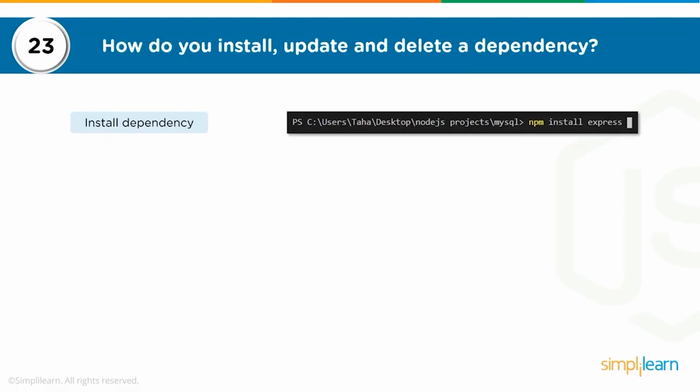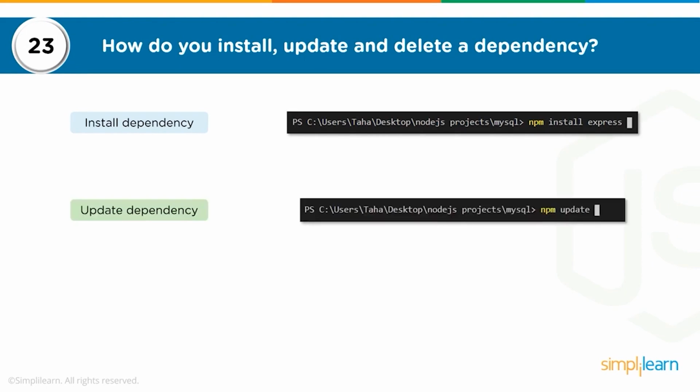So how do you update and delete a dependency? Say, for instance, we want to install something like Express. What you would do is go to the terminal window inside of your project and write the command npm install express.